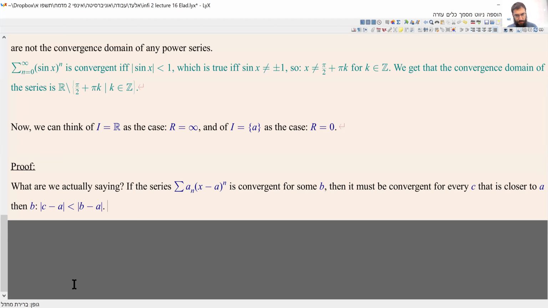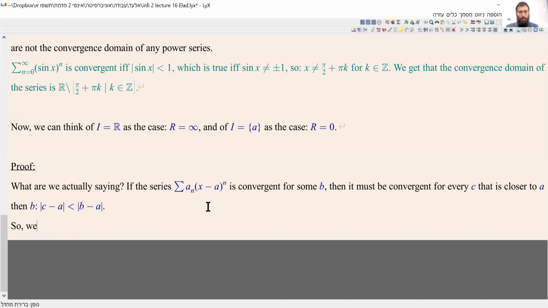If we know that the series is convergent in B, and that C satisfies this inequality, then the series must be convergent at C as well. In that way we get a symmetric interval around A, the whole interval, without any holes.